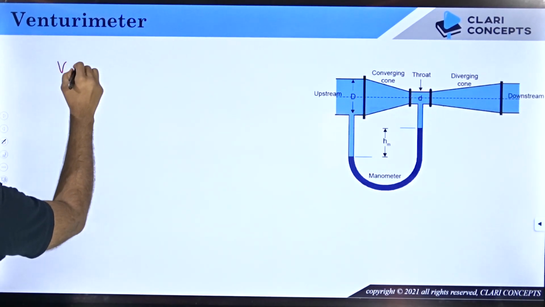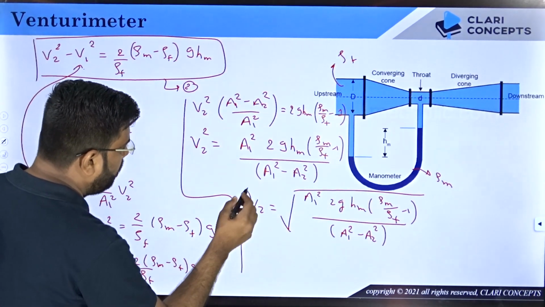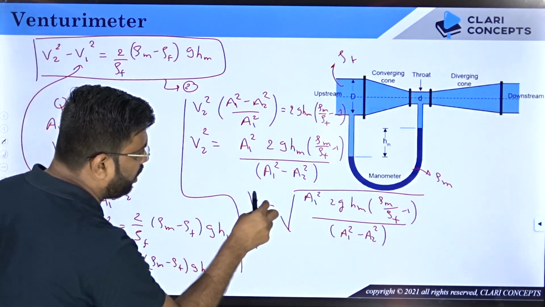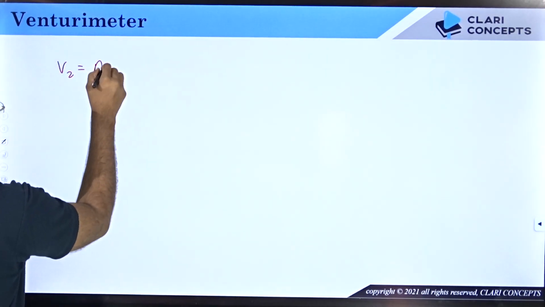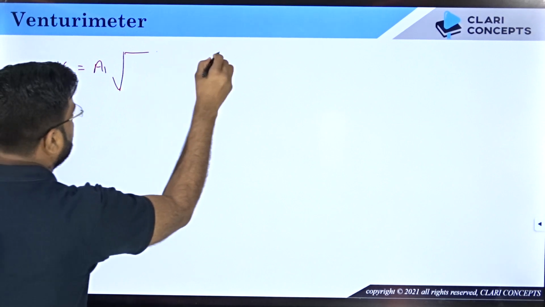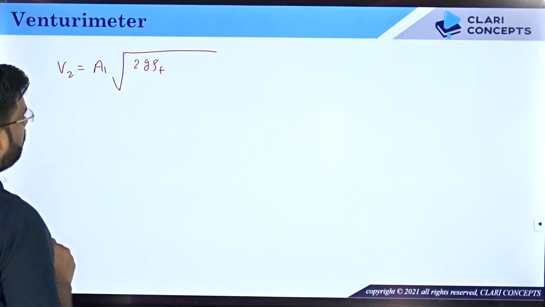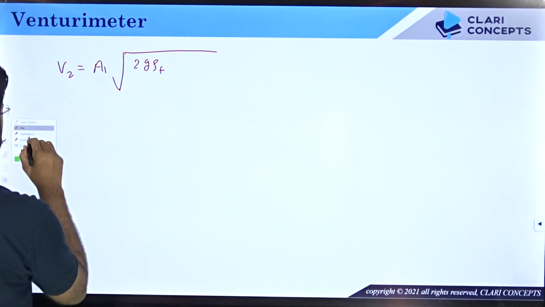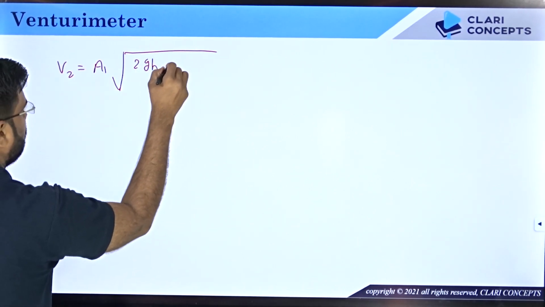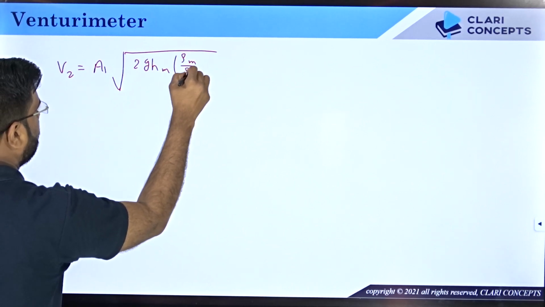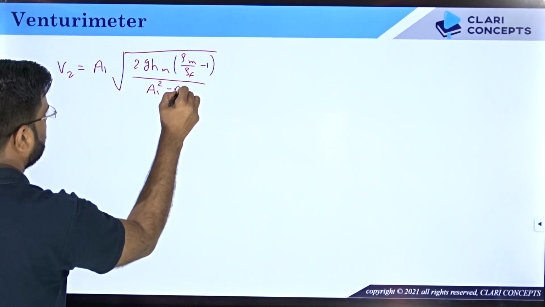Under root of A1 square is just A1, right? So you can take A1 outside, in bracket 2 g hm, sorry, this is not rho f, this is hm, 2 g hm in bracket rho m by rho f minus 1 over A1 square minus A2 square.